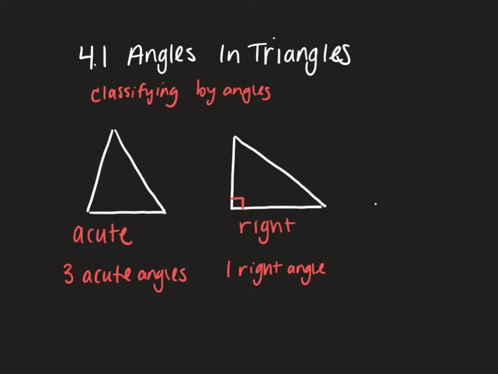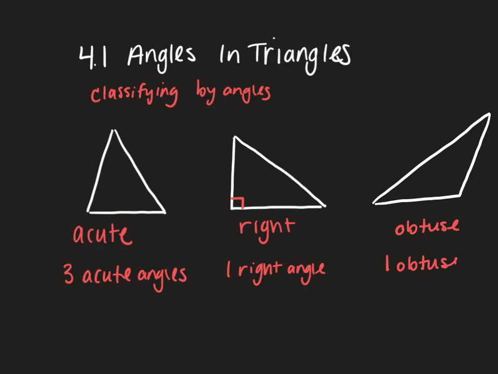And we can also have obtuse triangles. And they have 1 obtuse angle. Right, and an obtuse angle is what?